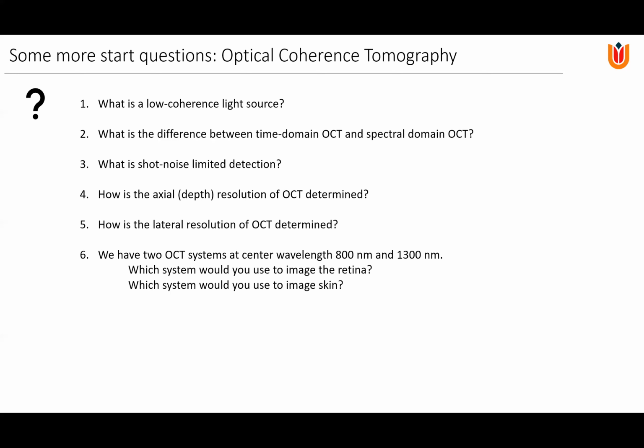So if you would look down, but an image, of course, has another dimension. You basically have two resolutions. The other resolution is called the lateral resolution. So let's call that the resolution that is perpendicular to the depth direction. Do you know how that is determined? What governs that resolution?